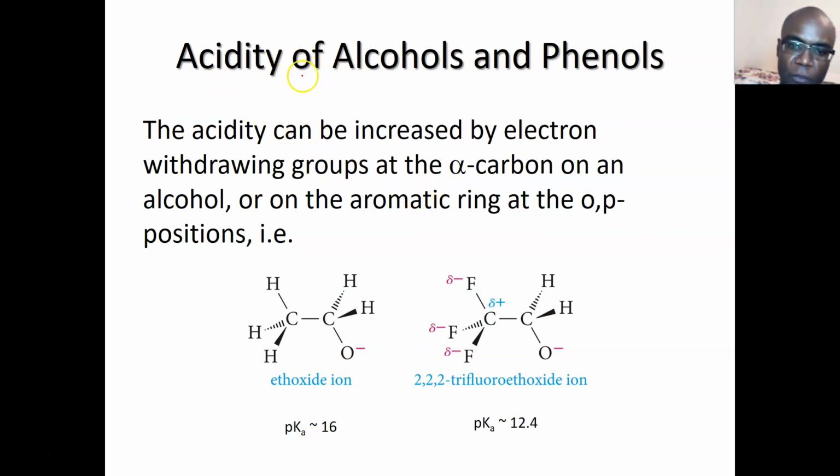The acidity of regular alcohols, let's say an alcohol like ethanol, can be increased by introducing electron withdrawing groups. So if you have hydrogens here, replace those hydrogens with fluorines. Okay.